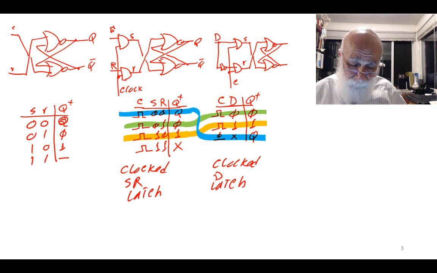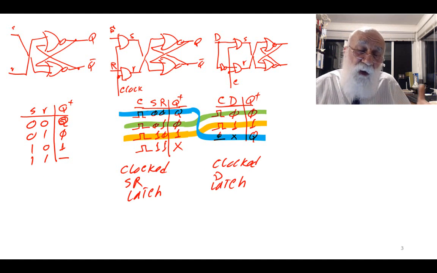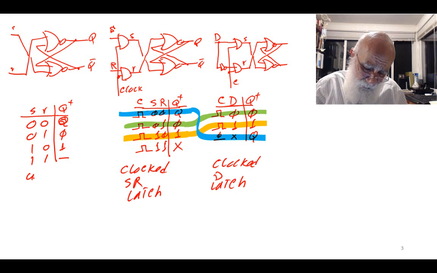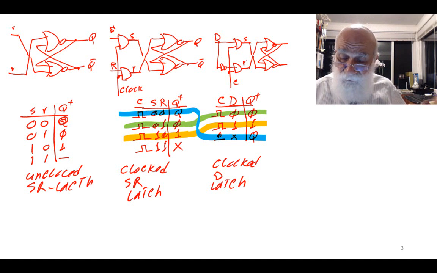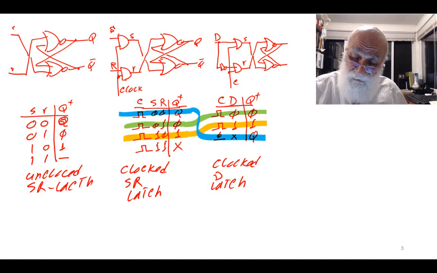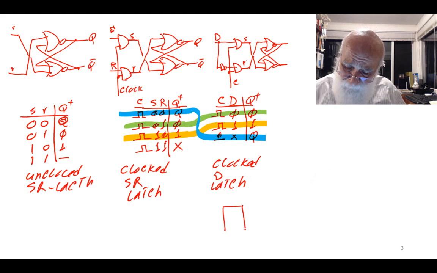And this is an unclocked SR latch, or simply a cross-coupled NOR structure. I like this structure so much that I give it a name, which I did. I give it a symbol, C1 1D.